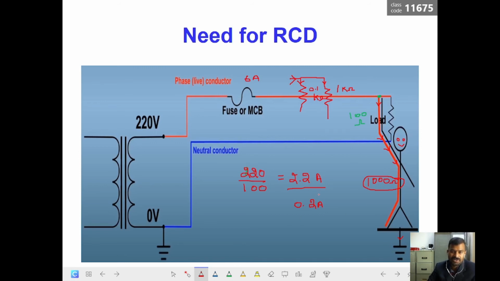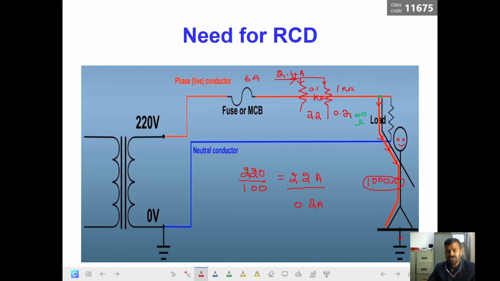Now the total summation of the current: the load is taking 2.2 amperes of current, and then we have the human body, and the current which is flowing here is 0.2 amperes. So the total current, based on Kirchhoff's law, is 2.2 plus 0.2, so 2.4 amperes of current is flowing through this.